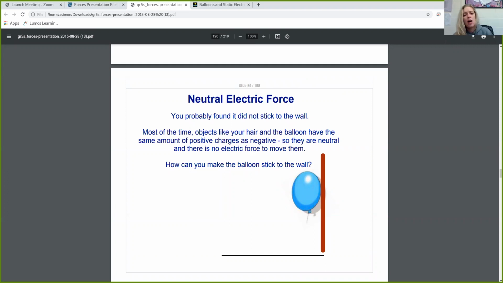Most of the time, objects like your hair and the balloon have the same amount of positive charges as negative, so they're neutral and there's no electric force to move them. Since the positive and negative charges are the same, it's not going to stick to the wall because it has a neutral force. So how might I make this balloon stick to the wall? Think about what I might do.